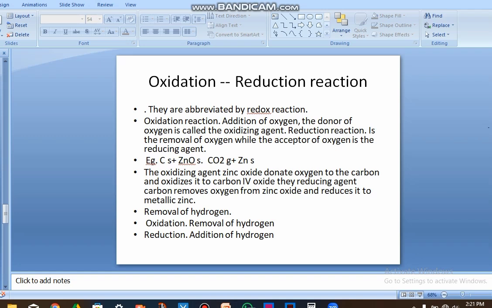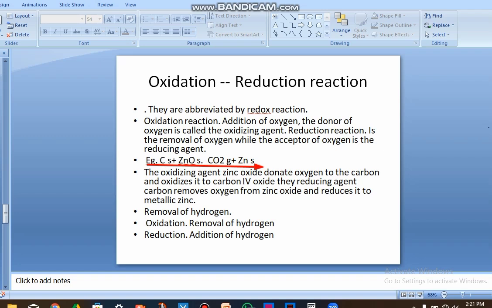Okay, so let's continue. Look at this example now. For example, carbon is reacting with zinc oxide.